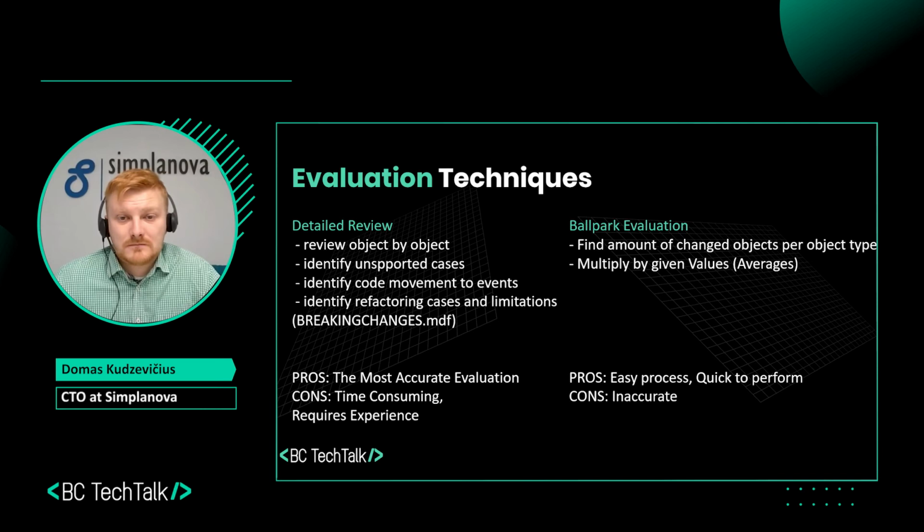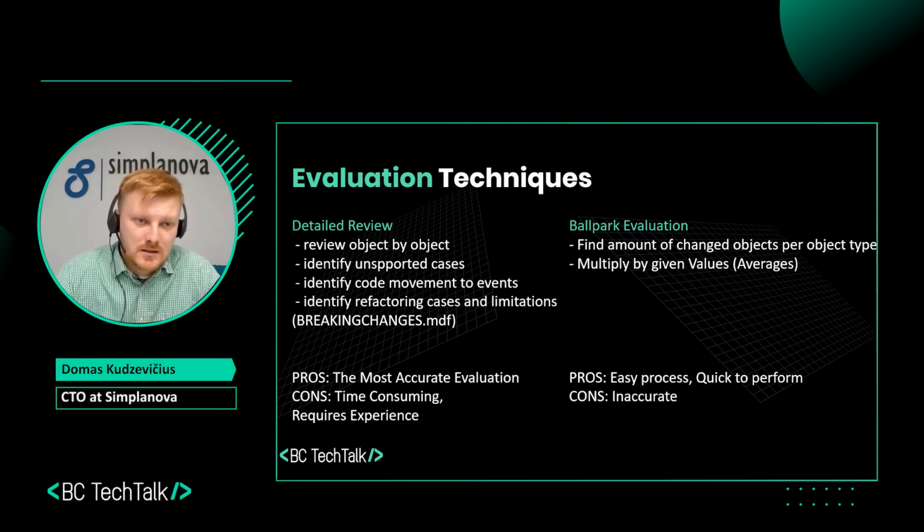for the evaluation. And now, what are the evaluation techniques and how to perform that? All the tools which I mentioned before are mostly used for review object by object, right?